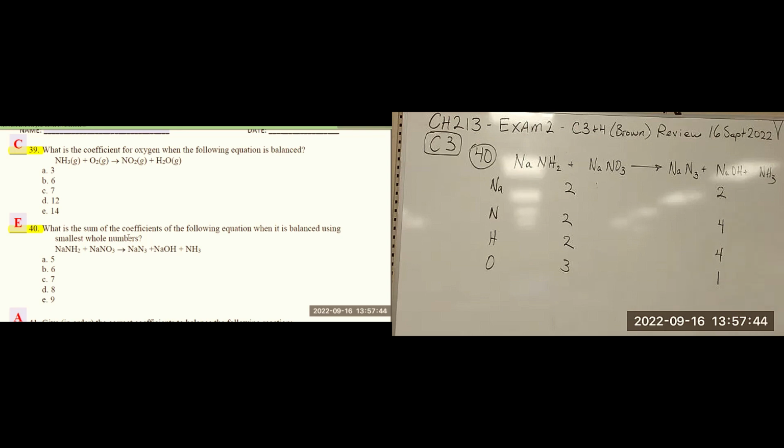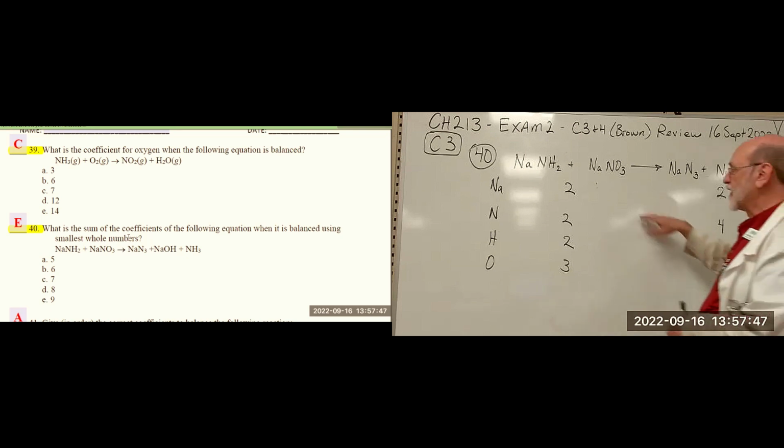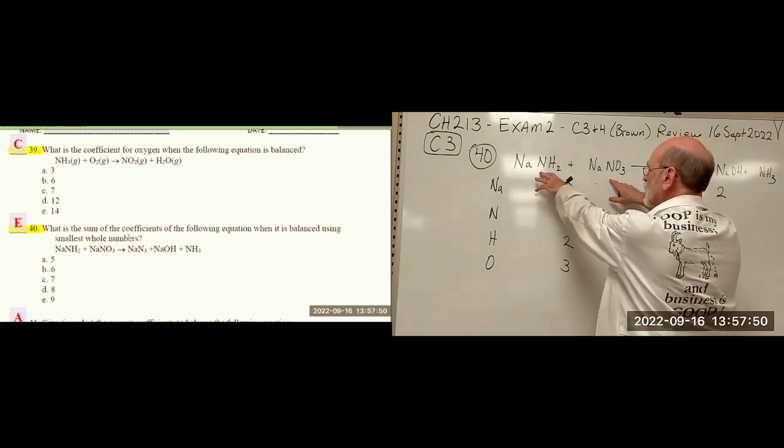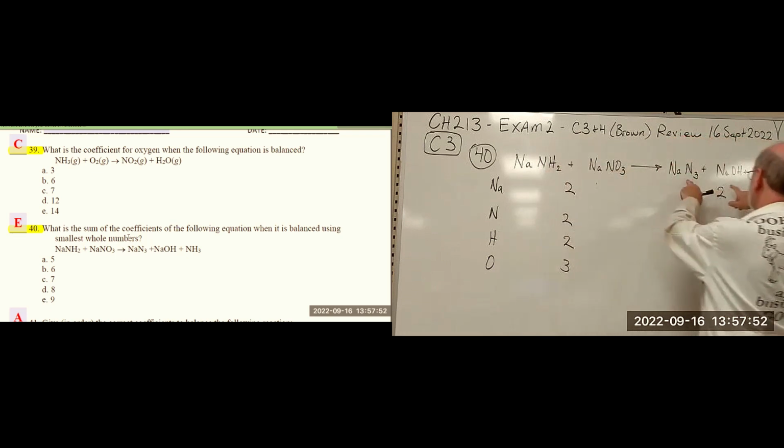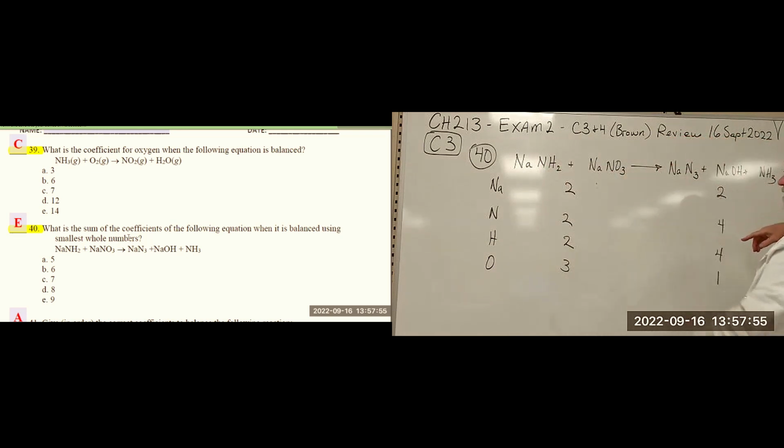The reason I know that this is going to be trouble is that we've got elements in multiple locations. 2 nitrogens here, a nitrogen there, nitrogen there. Hydrogen seems to be fairly well behaved, except it's in 2 places over here and only 1 over there. Oxygen's better. It stays in 1 compound on either side. There are no elements, so we can't reserve any of those. Sodium's already balanced. Nitrogen's even, hydrogen's even.